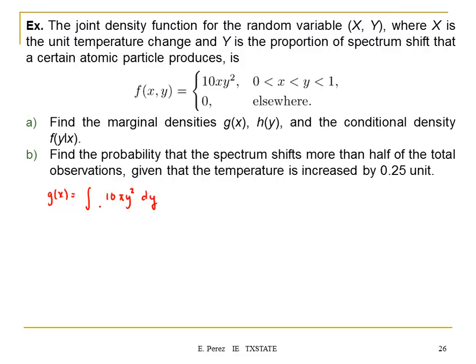So in this case, instead of being 0, you will go from x to 1. Okay? So if you solve this, this is 10xy cubed divided by 3, evaluated from y equals x and y equals 1. If you solve this, this is 10 times x, 1 minus x cubed, for x between 0 and 1.